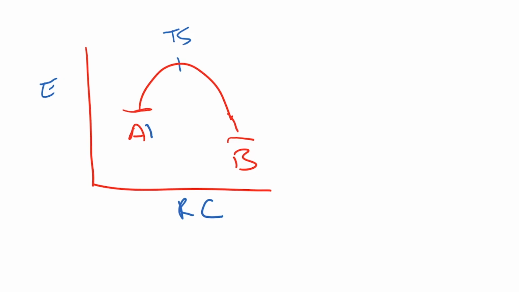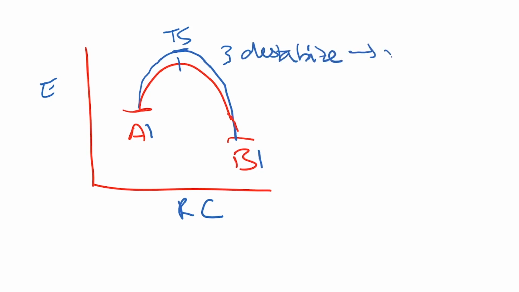And if anything results in an increase in the transition state energy, so let's say I'm going through this pathway to give me B1. Okay, now this difference in energy is going to destabilize the transition state, in which case the rate is going to be going down.